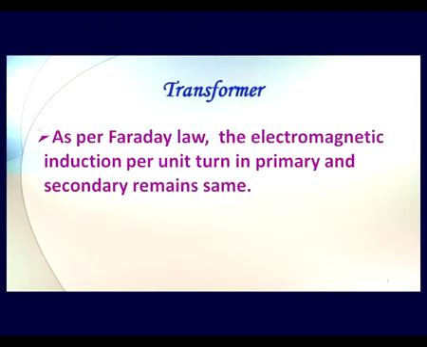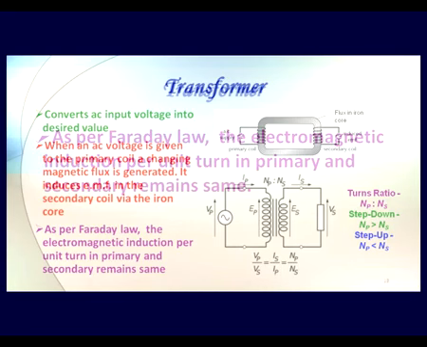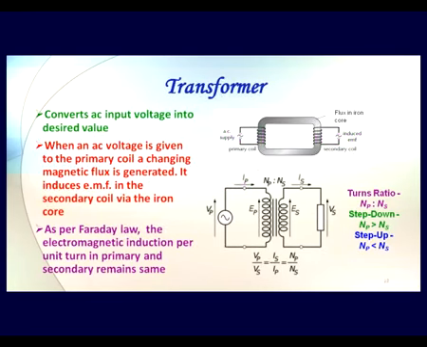As per Faraday's law, the electromagnetic induction per unit turn in primary and in secondary remains the same. What does it mean? It means that the voltage across the primary and the voltage induced across the secondary depend solely on the proportion of the turns of primary and secondary.